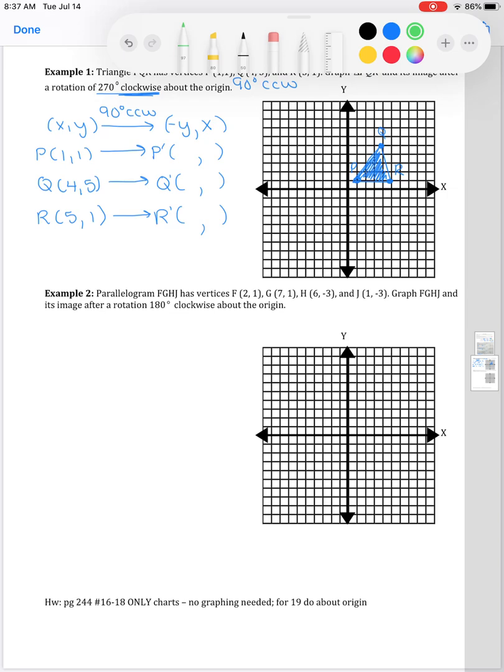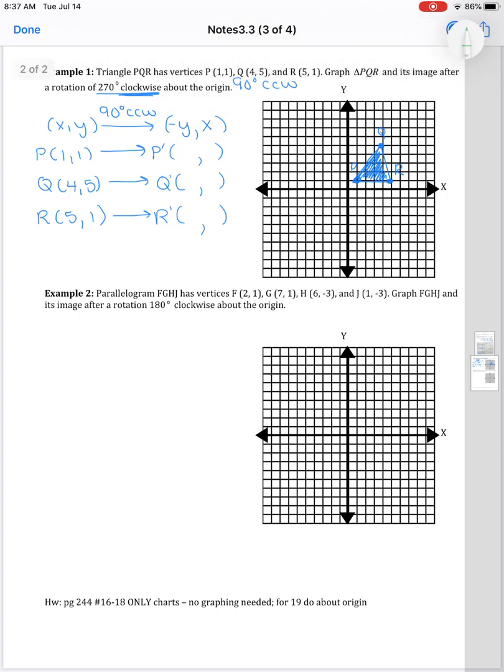Then what I have to figure out is, what are my new coordinates that I'm going to work with here? So I'm going to take each point by itself. Again, they flip from one to the other, and the first one changes sign. So 1, 1, when you flip it, it still is 1, 1, but the only difference is the first one has to get an opposite sign.